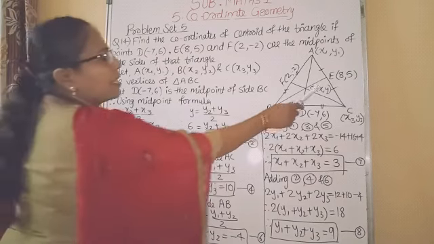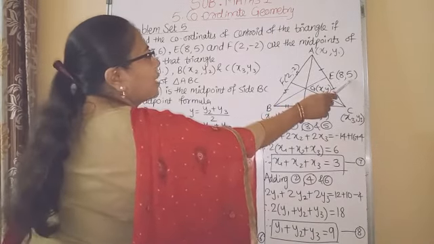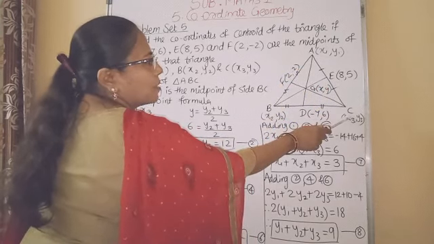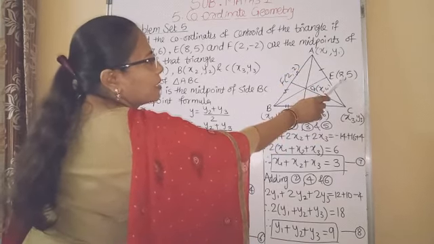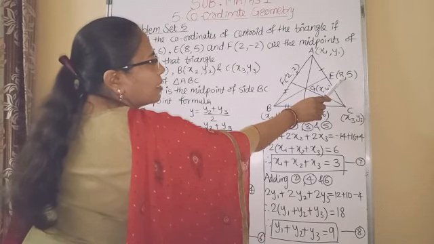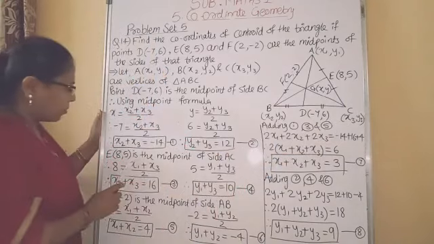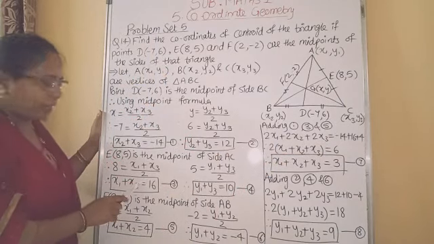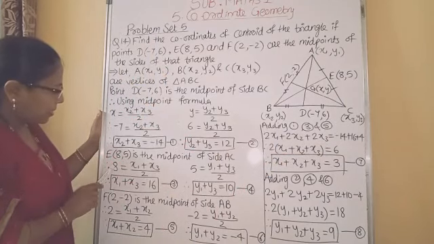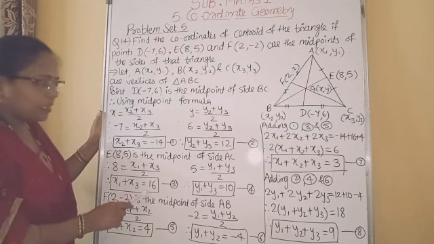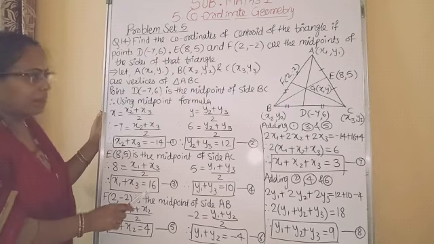Now similarly, E(8, 5) is the midpoint of segment AC. So using the midpoint formula, the x coordinate 8 is equal to (x1 plus x3) upon 2. These 2 get multiplied across, so 8 into 2 is 16. So x1 plus x3 is equal to 16.